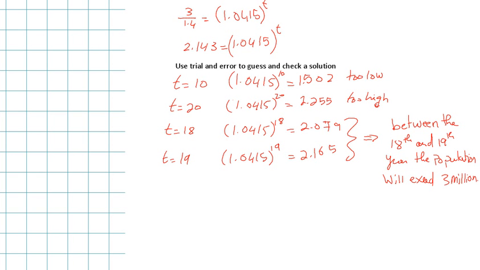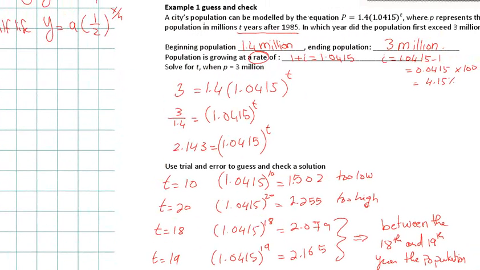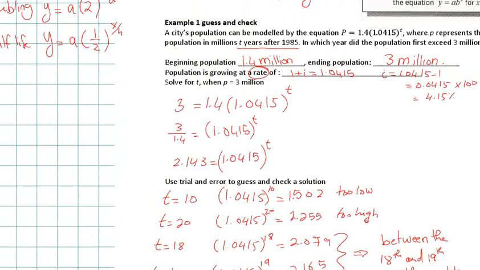Now, if I'm talking about the 18th year and the 19th year, from what year is that? What is the year 0? 1985? So 1985 is my year 0. If I add 18 to it, that will be 2003.